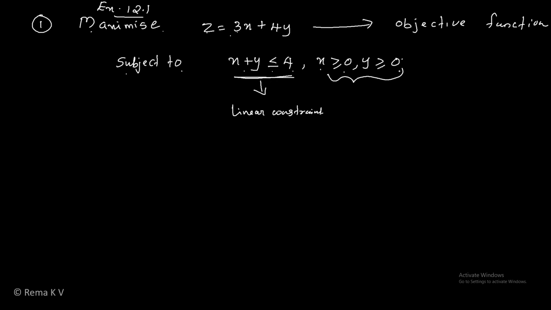These are the non-negative constraints. Okay, these are the terms which we defined. Is it clear now? What is objective function? What is a linear constraint? What are non-negative constraints? Is it clear?